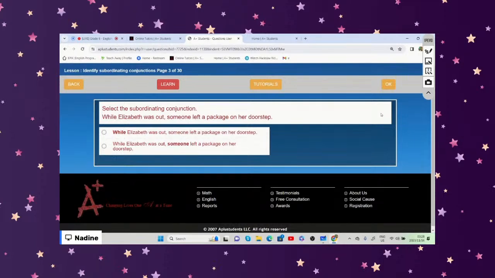So while Elizabeth was out, someone left a package on her doorstep. Is it while, which is in option one, or someone in option two?